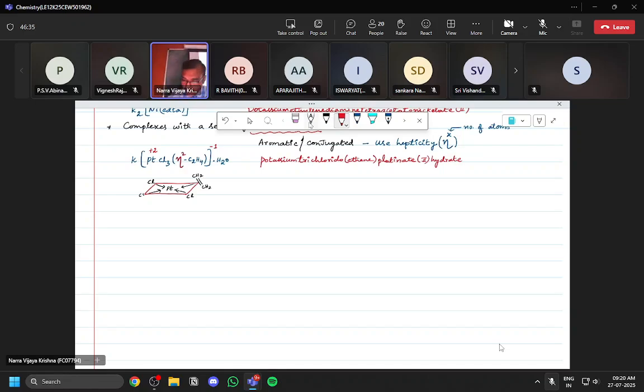I am giving one more complex: Fe eta 5 C5 H5 twice. Common name of this complex is ferrocene.